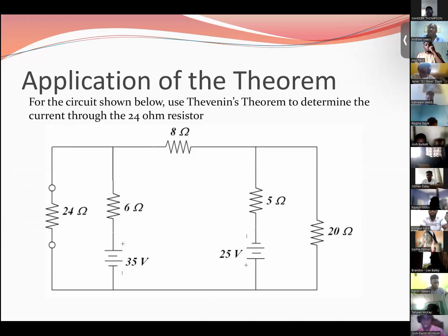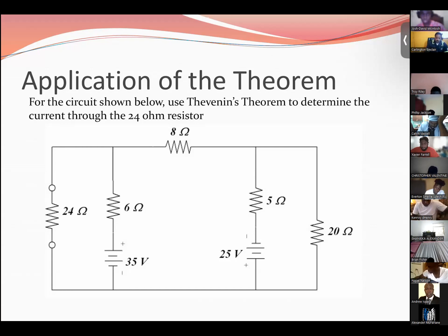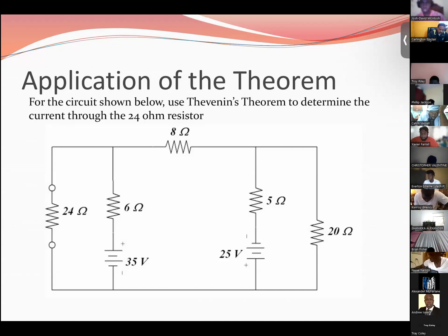And by virtue of Thevenin's theorem, we're finding the open circuit voltage and also the resistance looking into those same pair of terminals with the sources replaced. Okay, so our first step is to simply remove the resistor.